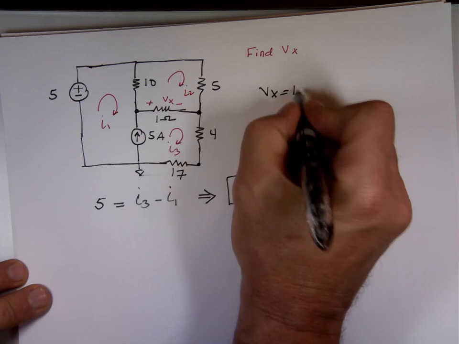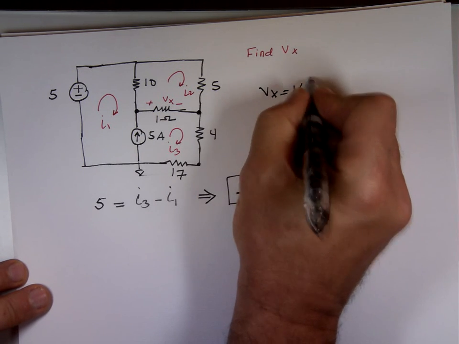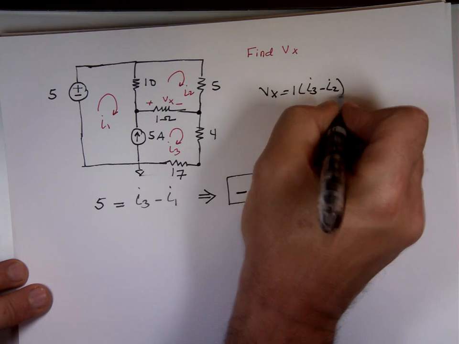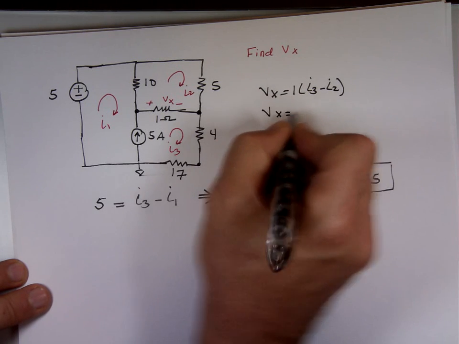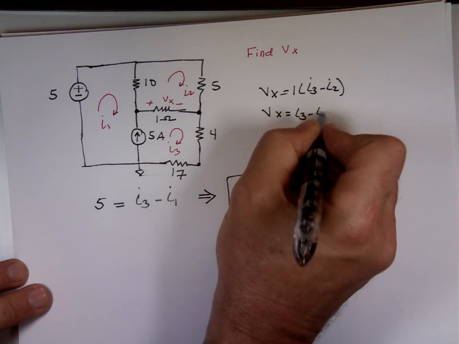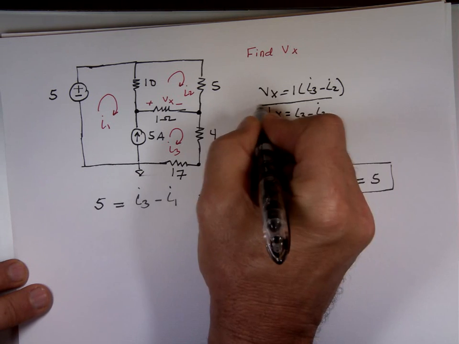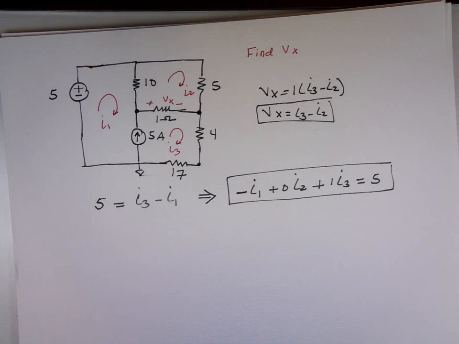So if you want Vx, that's I sub 3 minus I sub 2. Okay, in case I need it. But I need to write a couple more equations. Outside, I heard someone say outside loop. Okay. That's this loop right here.